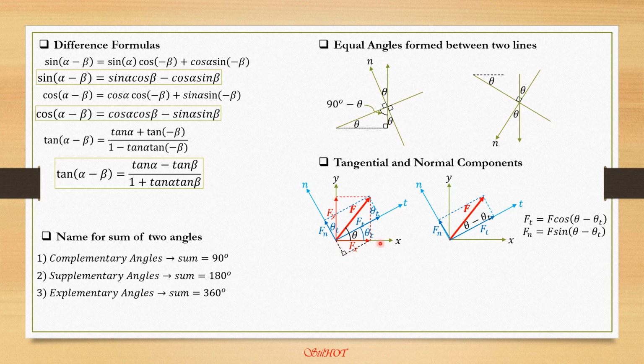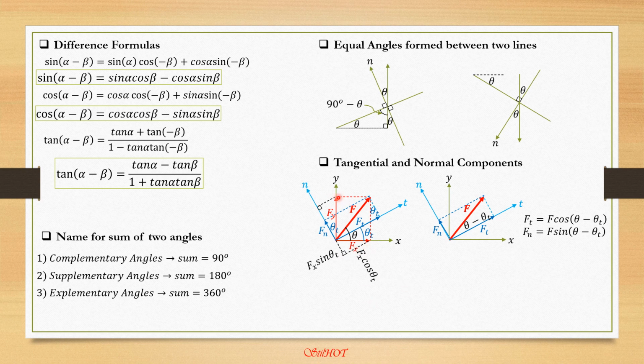Since this is Fx and this is theta t, the opposite is Fx sine theta t, while this is Fx cosine of theta t. Fx sine theta t, because it is opposite of theta t and the hypotenuse is Fx. This is the adjacent of theta t and the hypotenuse is Fx, so this is Fx cosine of theta t.